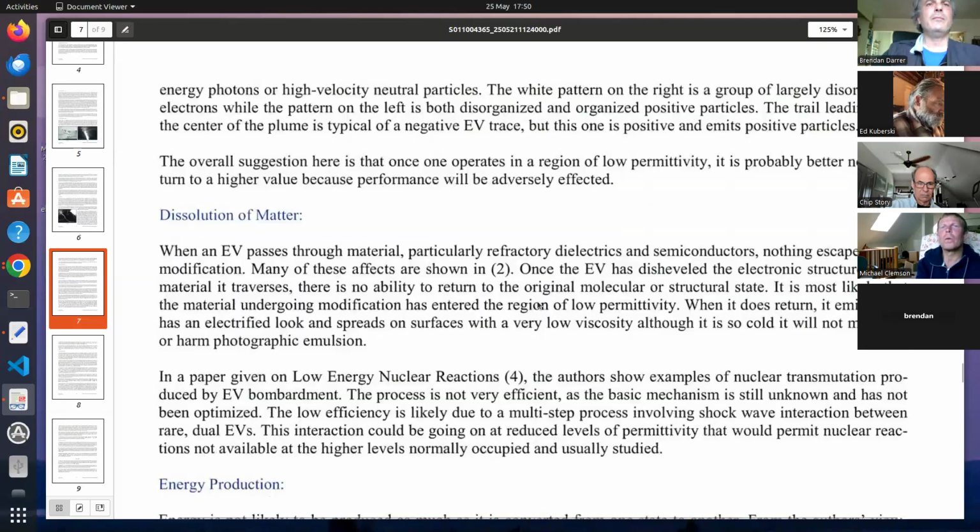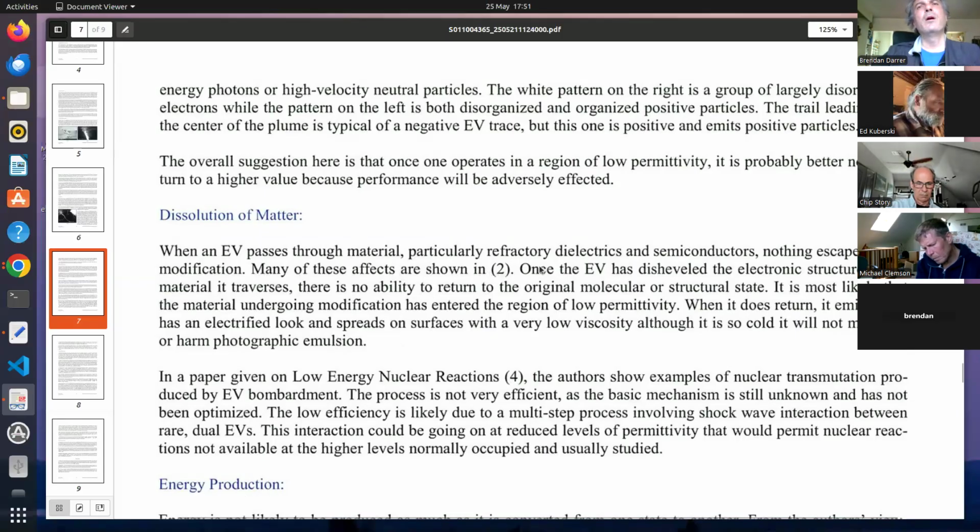Dissolution of matter. When an EV passes through material, particularly refractory dielectrics and semiconductors, nothing escapes major modification. Many of these effects are shown in reference.